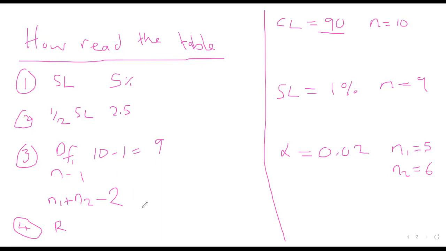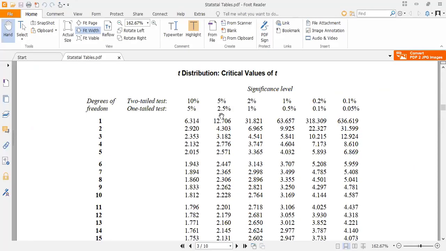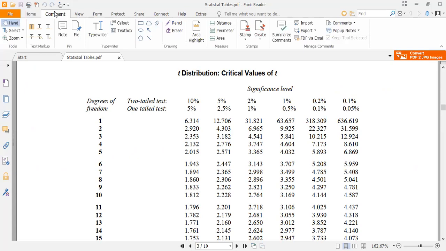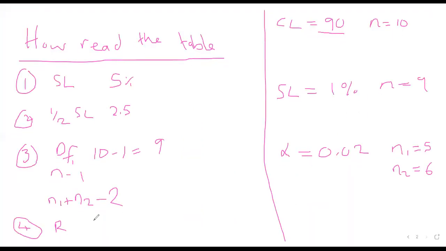So here we're going to the table and identify it. 10% divided by 2 is 5%. 10 minus 1 is 9. So we are going to get 1.833.